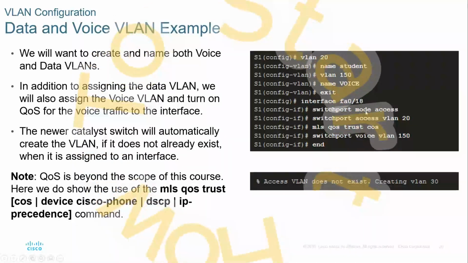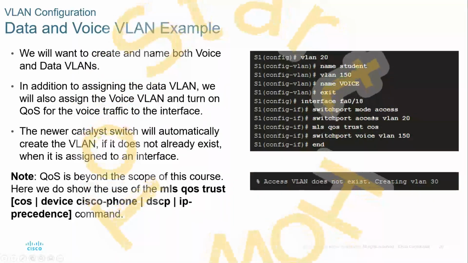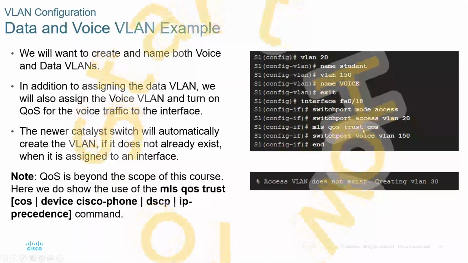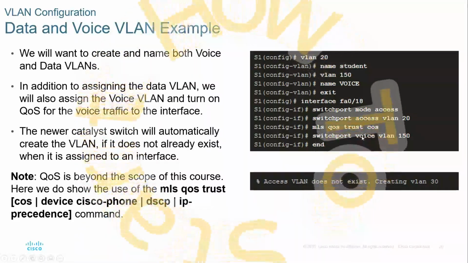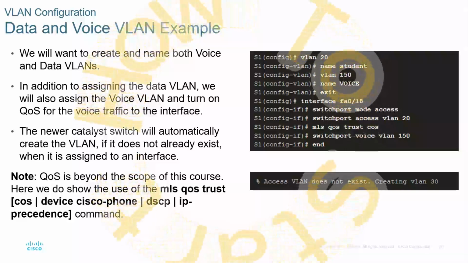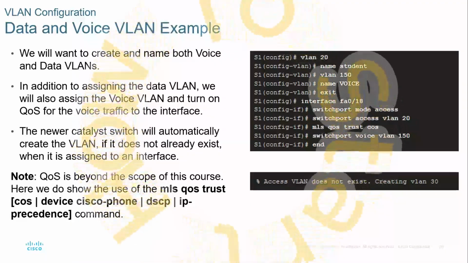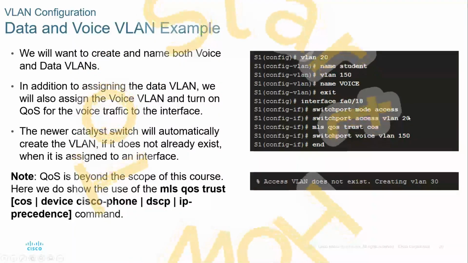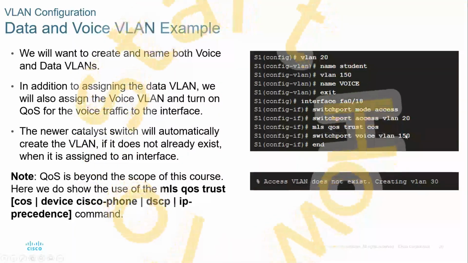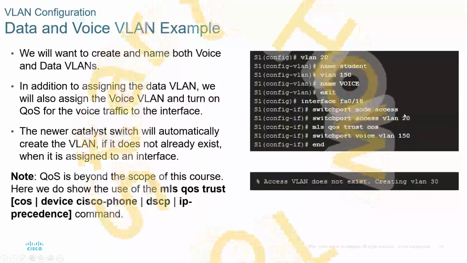It's not an access VLAN, it is a voice VLAN, so it will be tagged slightly different. If the VLAN is not created, it will then create it. So here we did 20 and 150, those are created. Let's say we fat finger this and we did 30.